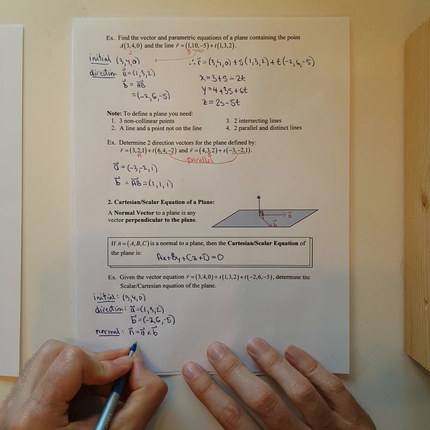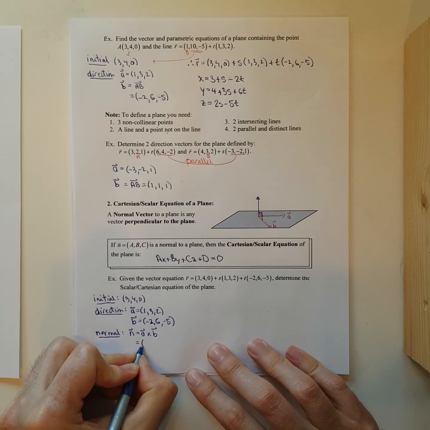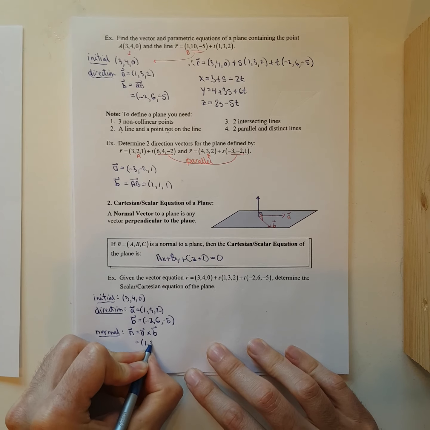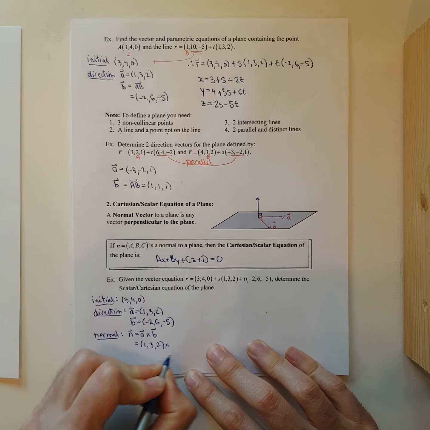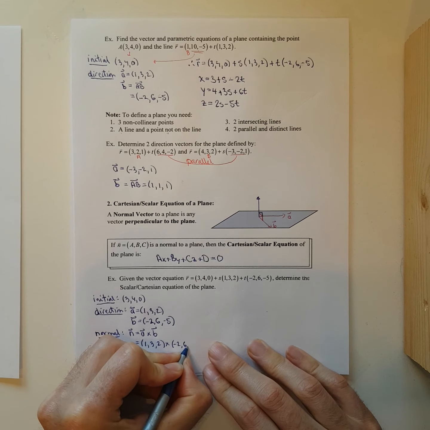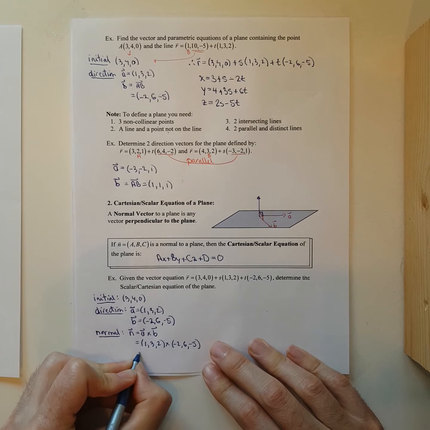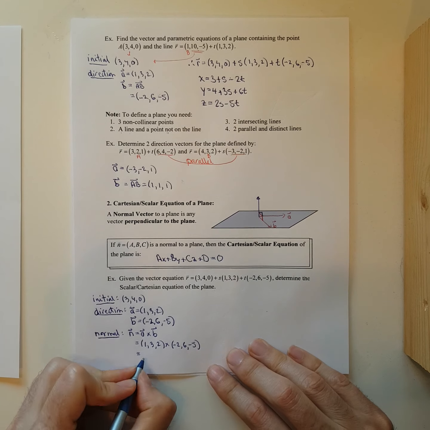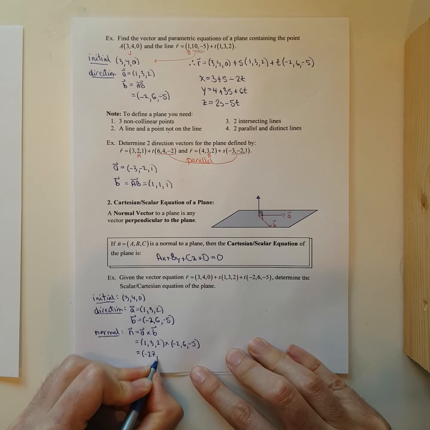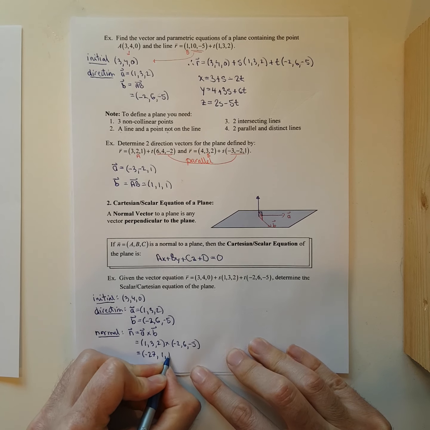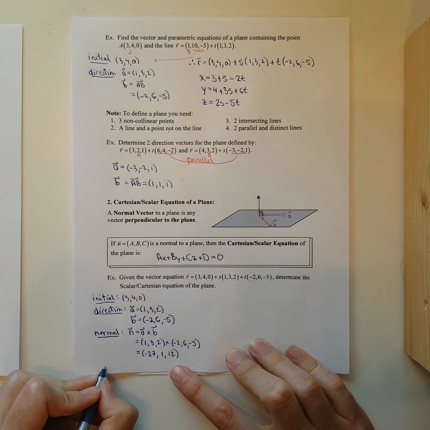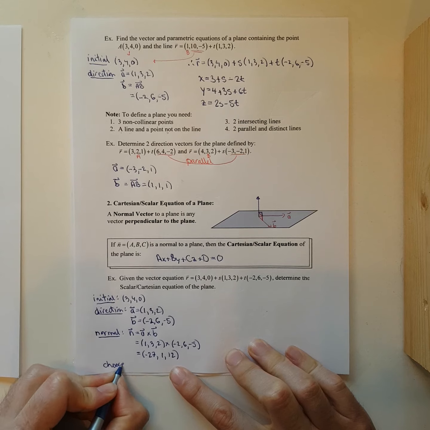If I do that cross product, I am going to do the cross product between (1, 3, 2) and (-2, 6, -5). I've gone ahead and done that, so if you do this, you'll get (-27, 1, 12).